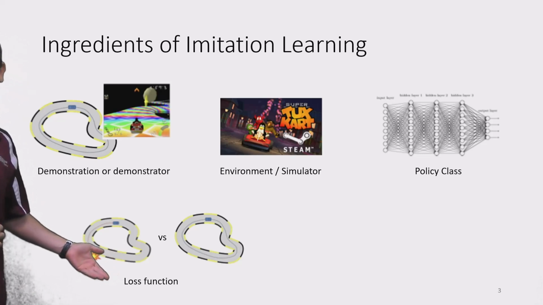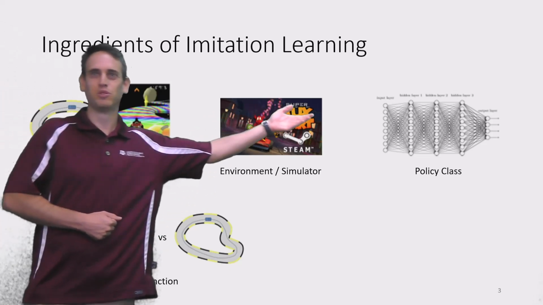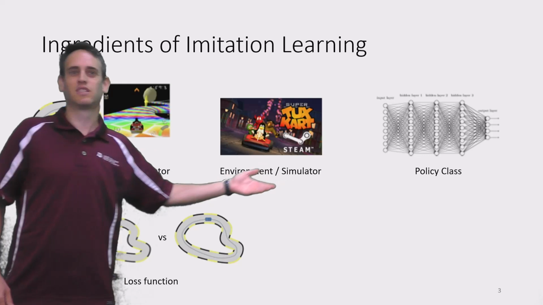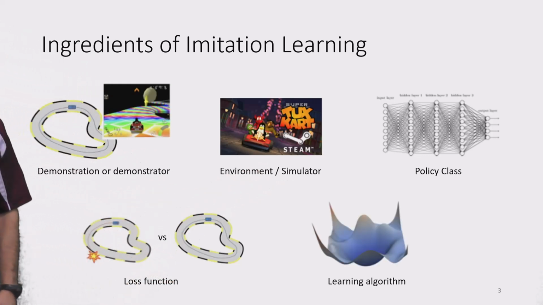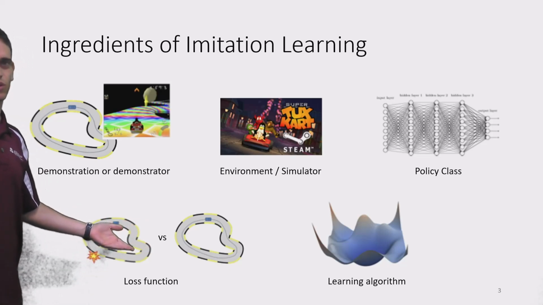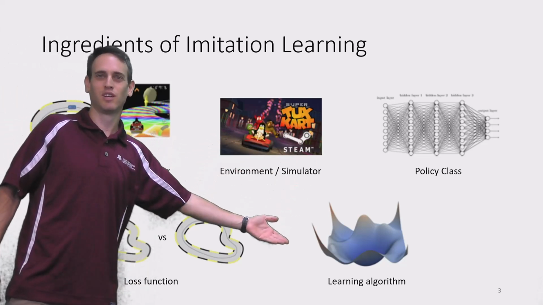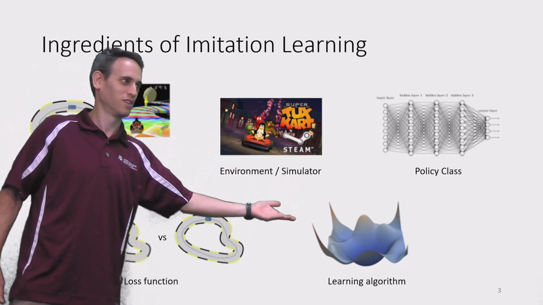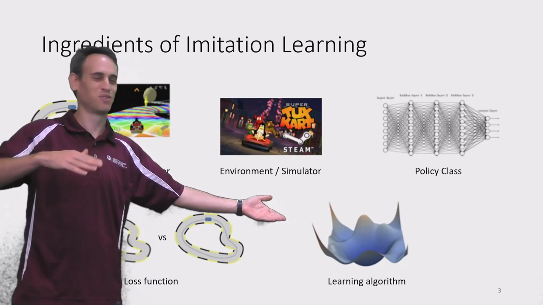We need to compute how to change our output, our control function, such that the loss is reduced. So we need a differentiable loss function. And finally, we need the learning algorithm. So again, if we're going with the differentiable loss function and a differentiable policy, commonly we'll use gradient descent, gradient updates.